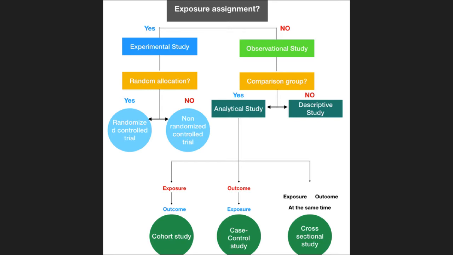For the experimental studies, if there is random allocation, the study will be a randomized control trial. If there is no randomization, the study will be a non-randomized control trial.